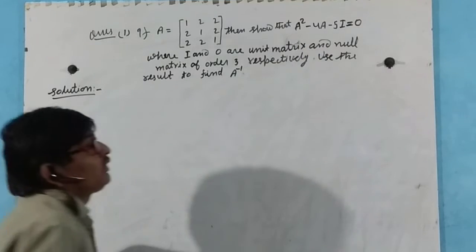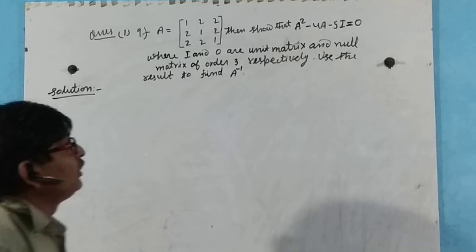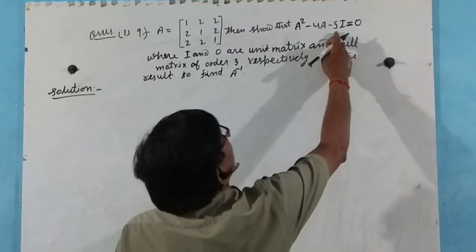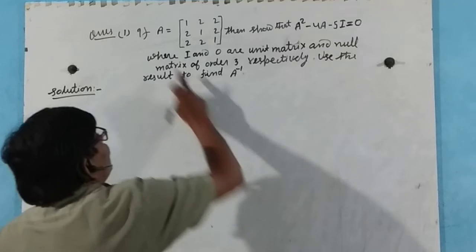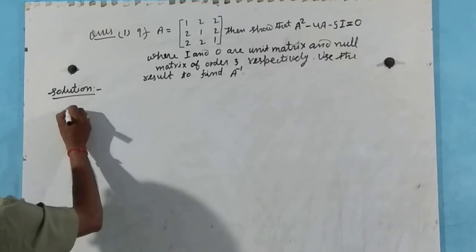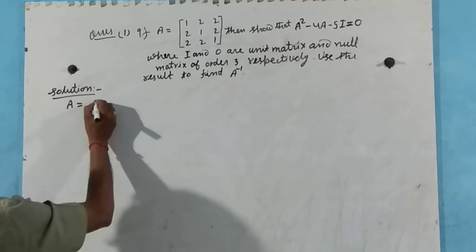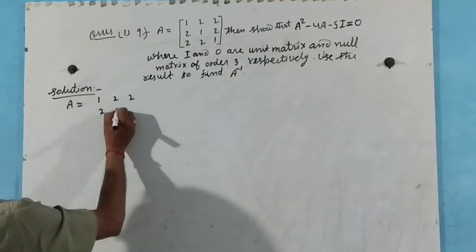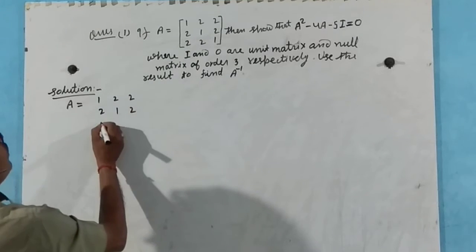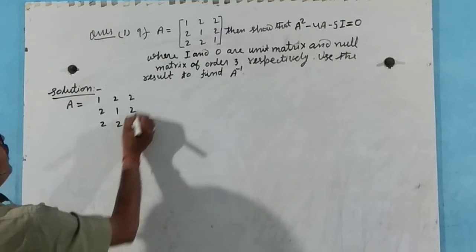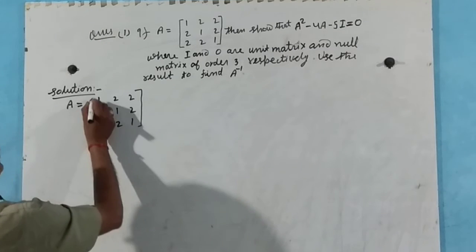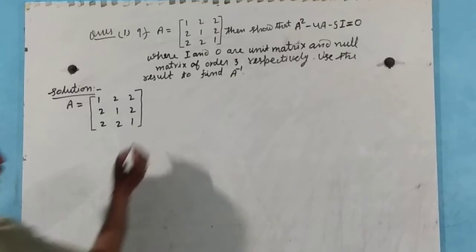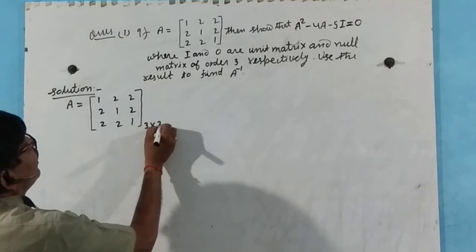First of all, we show that A square minus 4A minus 5I equal to 0. Given that A equal to 1 2 2, 2 1 2, 2 2 1, a 3 cross 3 matrix.